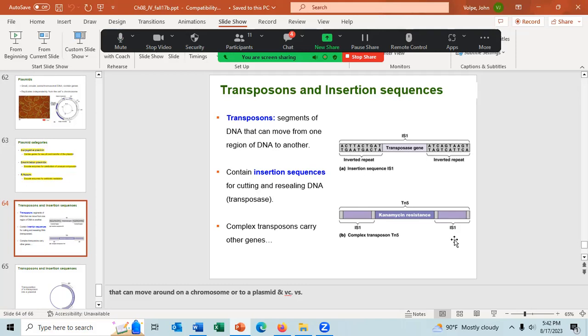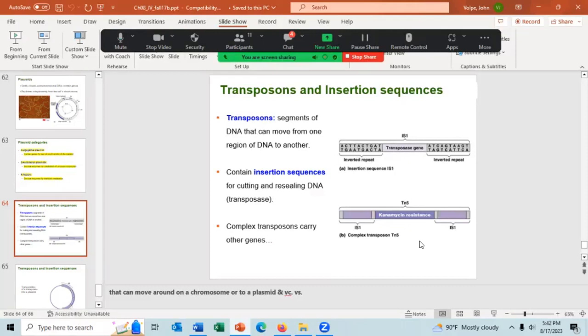For a transposon, you don't need two transposase genes, but this is just the way transposons work. But you do need an inverted repeat over here and an inverted repeat over there. You always have to have that. You always have to have at least one transposase. And usually there's a complete set of transposon over here and one over here. And then this works as one transposon. Any question about any of that?